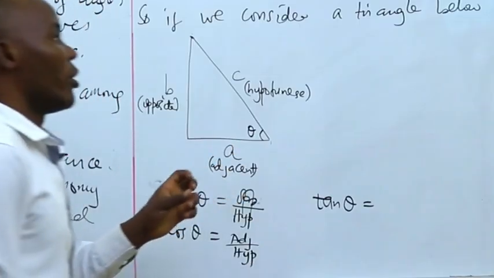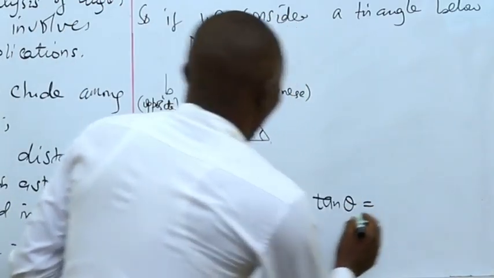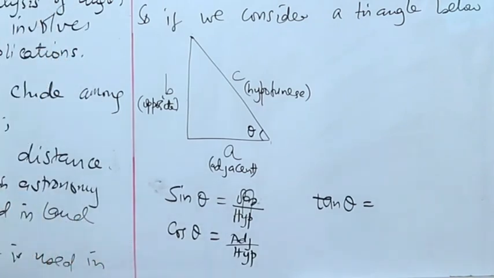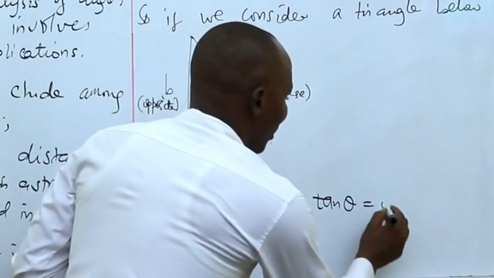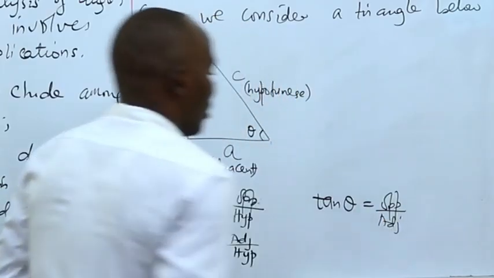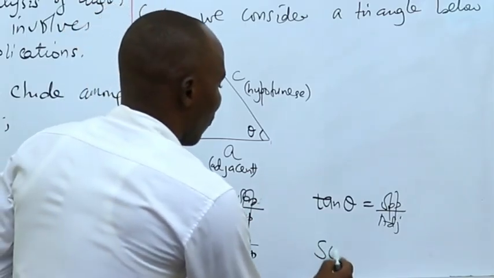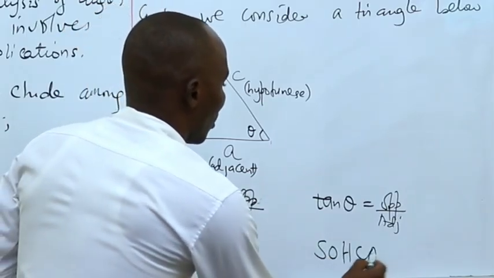The tan is the short form of tangent, and tan is the opposite over adjacent.